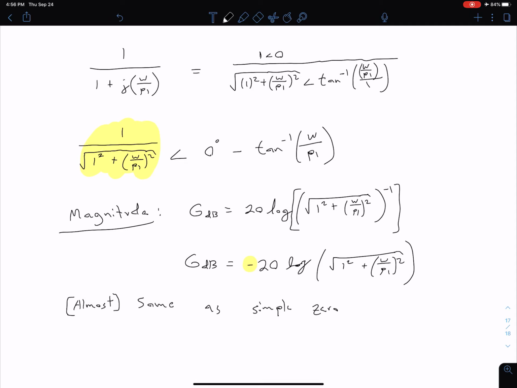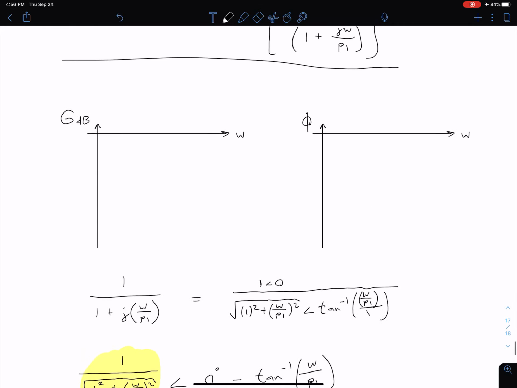The only difference is now we have a slope of -20 dB per decade. And of course now our corner frequency is going to be related to that pole instead of the zero. So our corner frequency, our break frequency, our 3 dB frequency, however you want to call it, this omega is now equal to our P1.